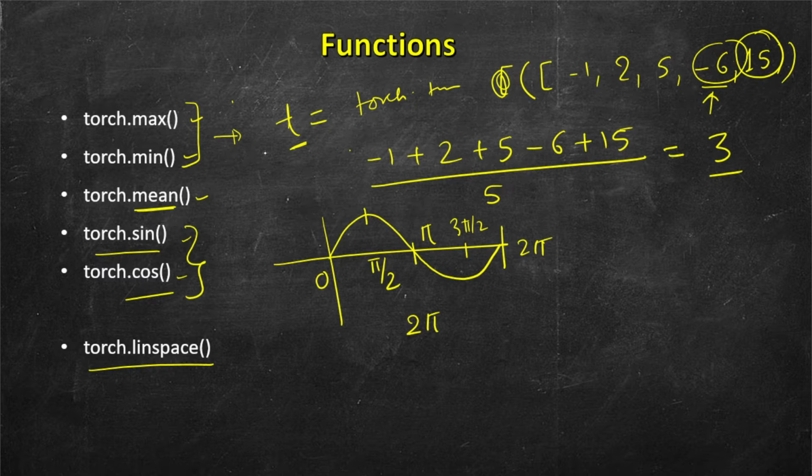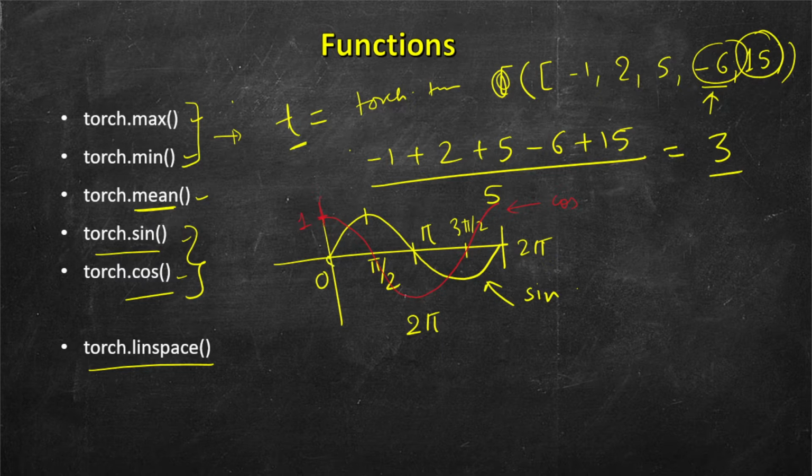Similarly, the cos function at 0 is 1, at pi by 2 it's 0, and at pi it's -1, like this. So the red one is cos and the yellow one is sine.